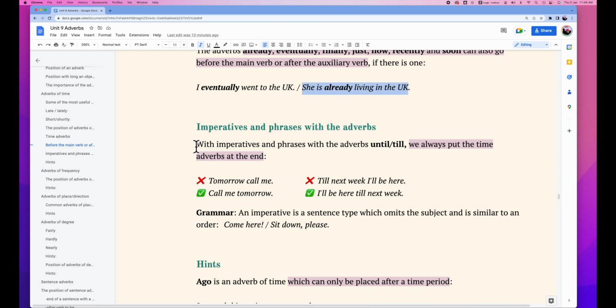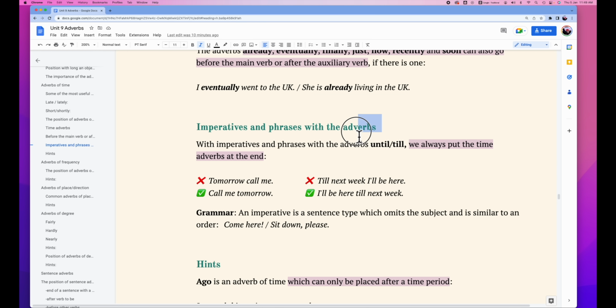However, when we are using adverbs of time in a sentence that omits the subject, or people call it imperative, it will be very different. Let's take a look. Imperative emphasis with adverbs until or till. We always put the time at the end. And what is imperative?